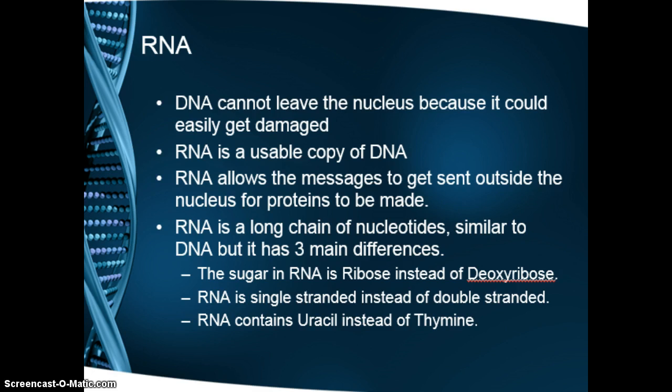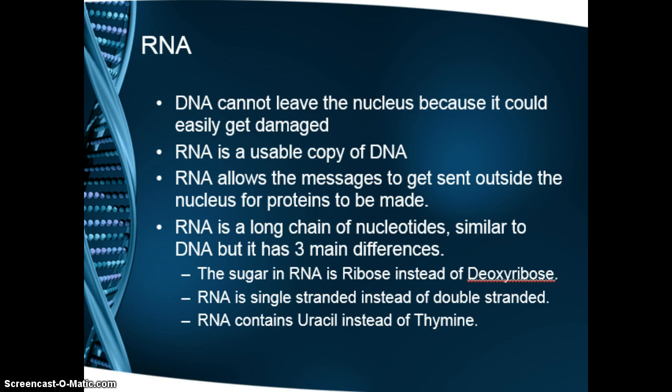So a little bit about RNA. RNA is a long chain of nucleotides, very similar to DNA, but there's three main differences. Make sure that you write these down, that you know these. The sugar in RNA is ribose instead of deoxyribose, hence RNA versus DNA. RNA is single-stranded instead of double-stranded.